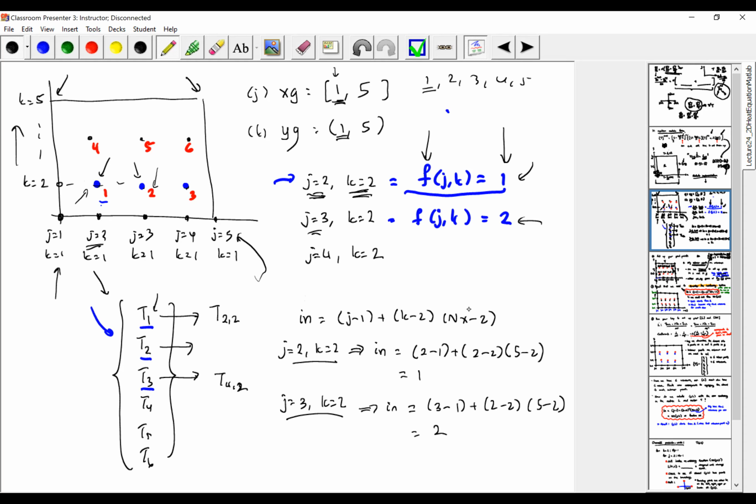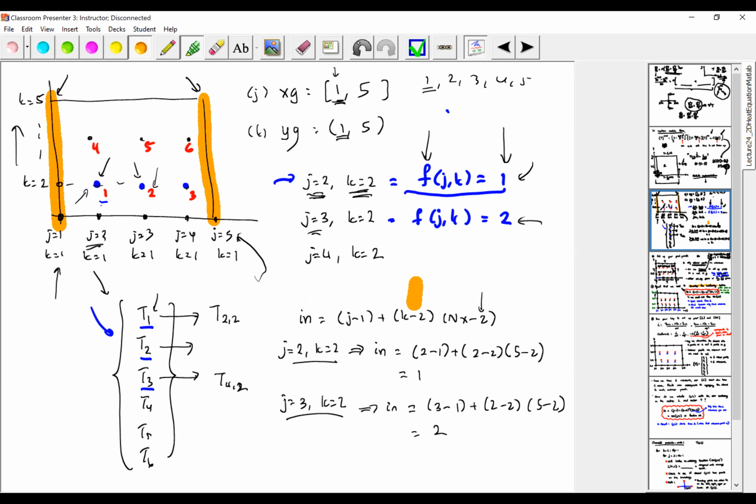If you look at this equation, you have this nx minus 2. The reason for the 2 is that we don't want to account for the 2 endpoints over here because they don't contribute to it. And then you have k minus 2 times nx minus 2.